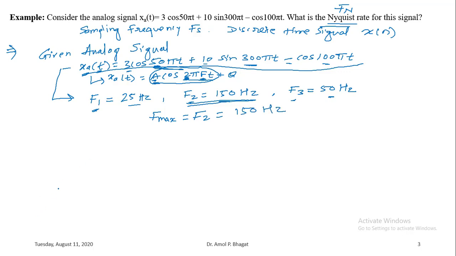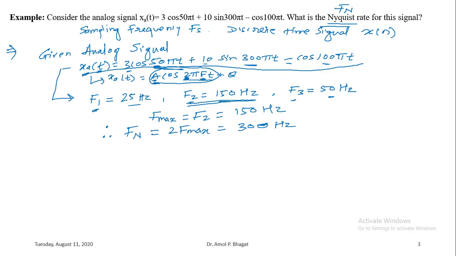So the Nyquist rate Fn is equal to twice the maximum frequency, so it will be simply 2 multiplied by 150, so it will be 300 hertz. So this will be the Nyquist rate Fn.